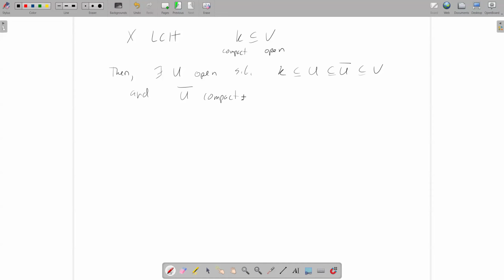Okay, so that's something that you should be able to prove without too much difficulty, as long as you're familiar with what all this stuff means.